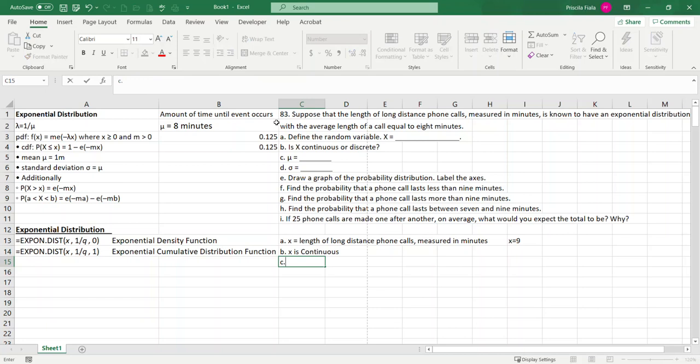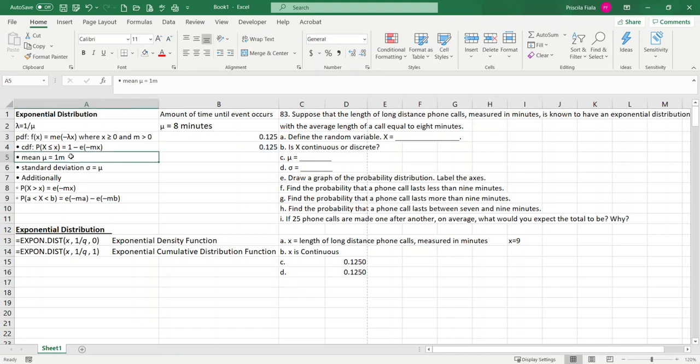Okay, C, what is my mean? I actually already calculated it for you over here. So my mean is this value. And then D is the standard deviation, which I already calculated for you over here, because remember that I said your mean is the same as your standard deviation. There you go.